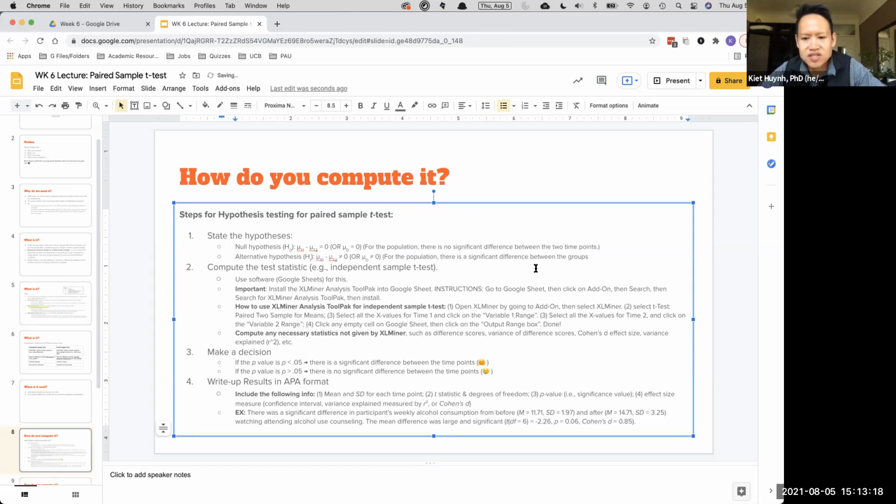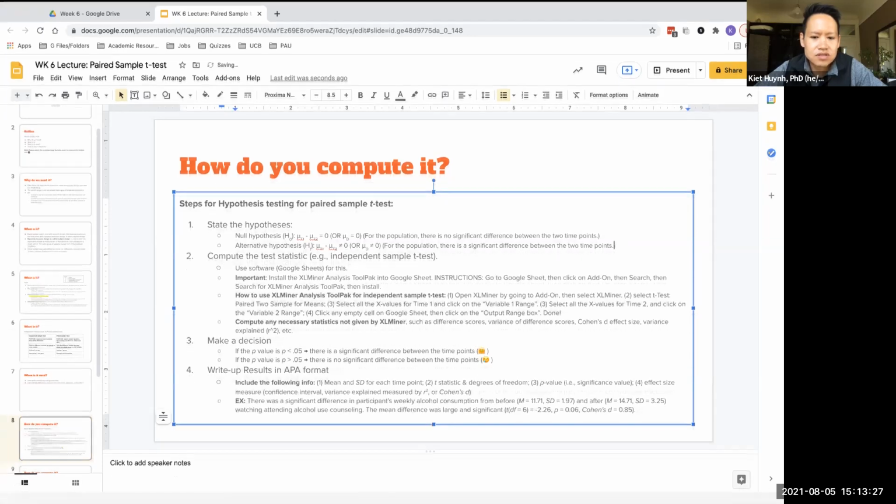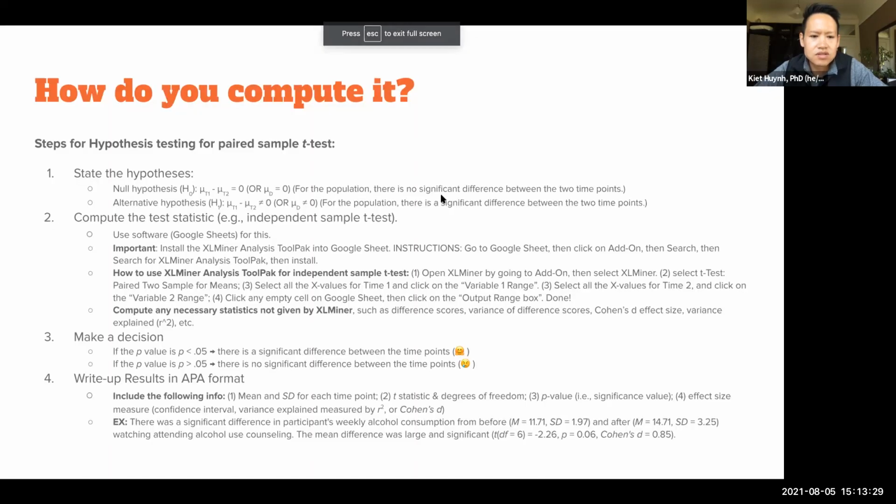Right, so the null hypothesis is there's no significant difference between the 2 time points.